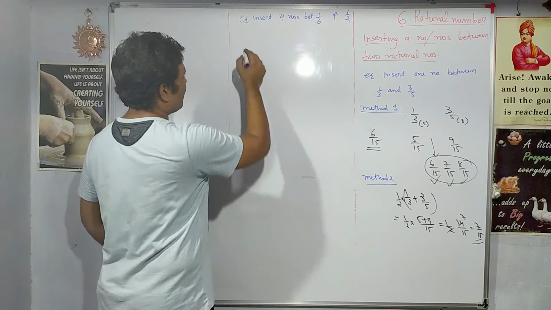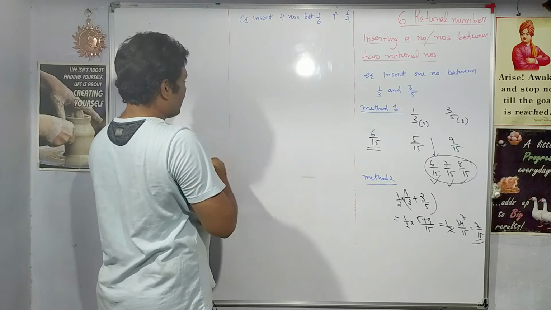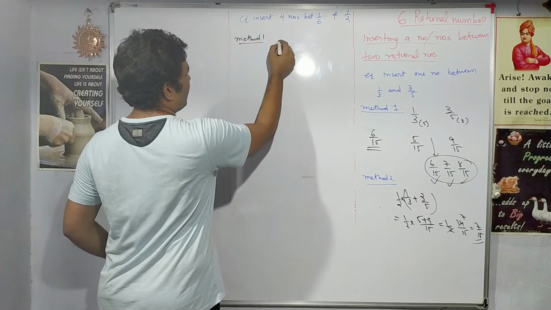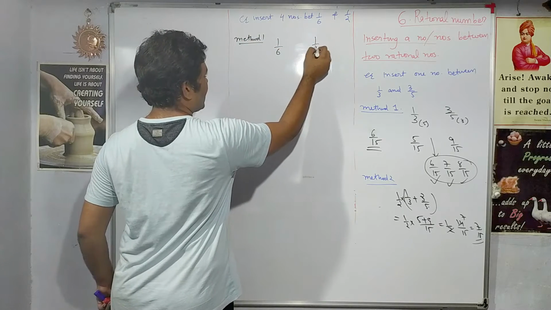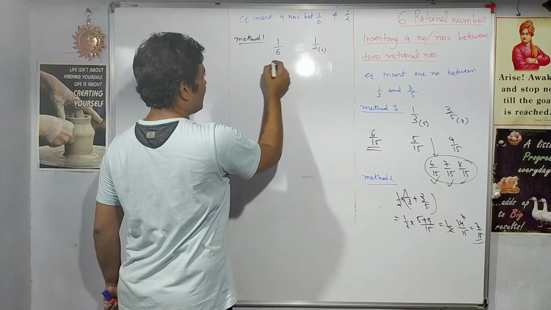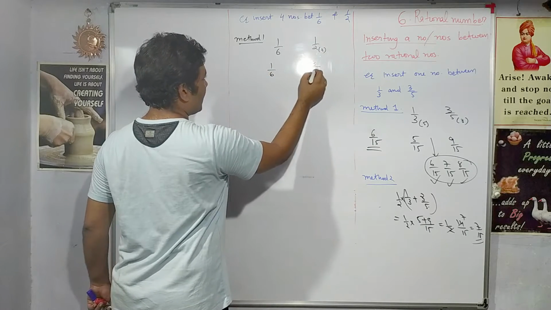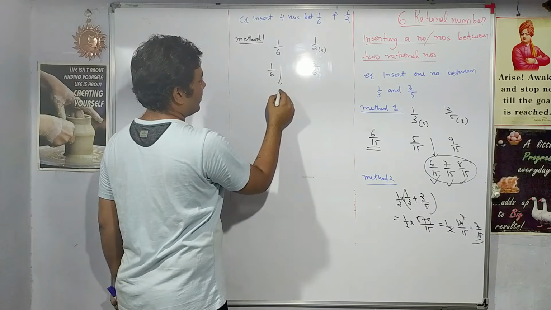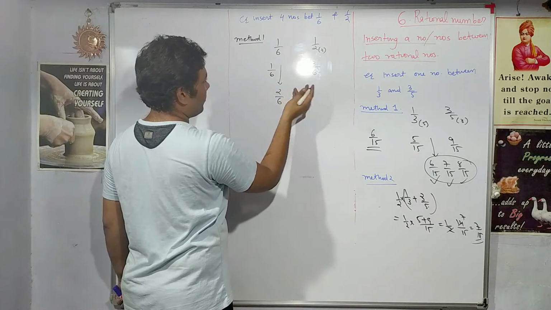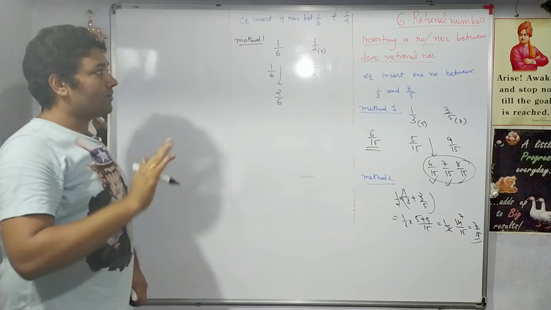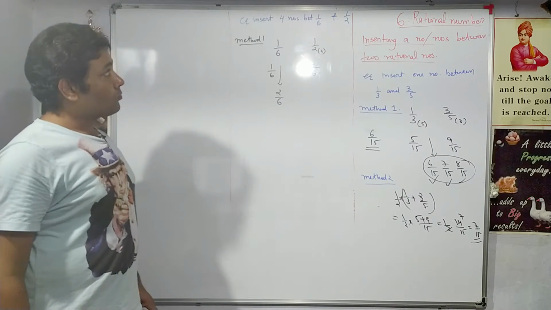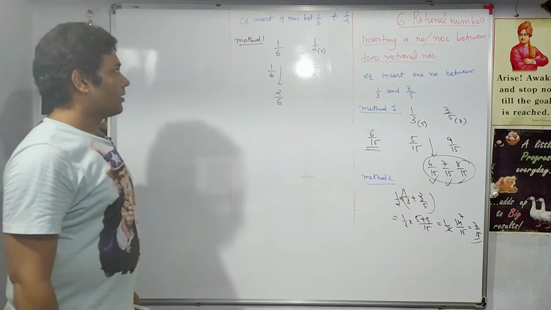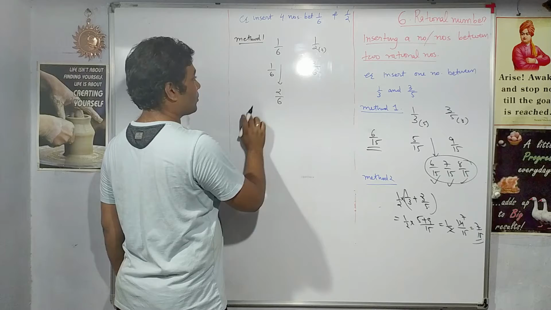So again, as per method 1, if I do it, what will it be? 1 upon 6, 1 upon 2, LCM will be 6, so 1 upon 6 and this will be 3 upon 6. So how many numbers do I have? I have 2 upon 6, only one number in between them, but I want 4 different numbers. So how do I get 4 different numbers? This method is not going to work here. So I'll show you something else.